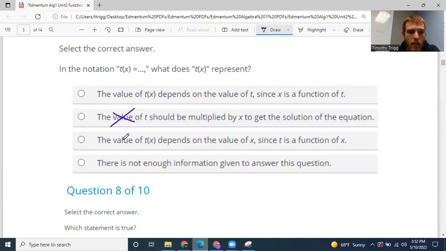The value of T of X depends on the value of X, since T is a function of X. T of X is the dependent variable, and it depends on X. X is the independent variable. So T is a function of X.